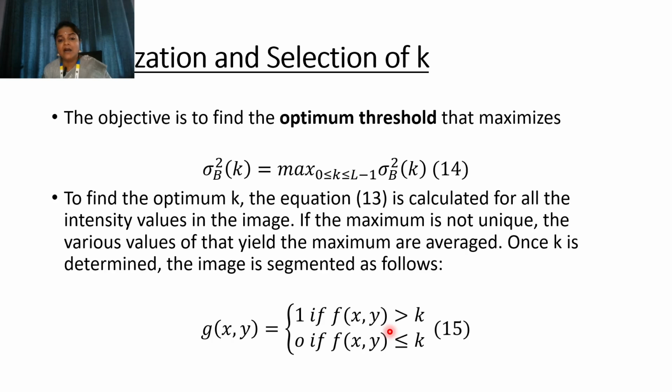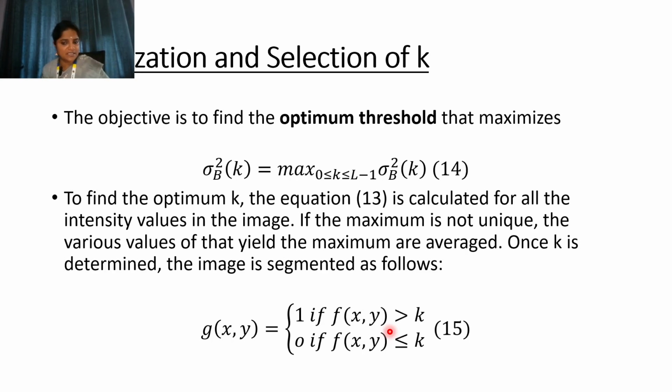So that is going to be the optimum threshold. If in case we are not getting the maximum between class variance for any one intensity, what's going to happen then? We have to basically choose those intensities that give the maximum variance and take an average of them. This is how the optimum threshold is chosen in Otsu's method.